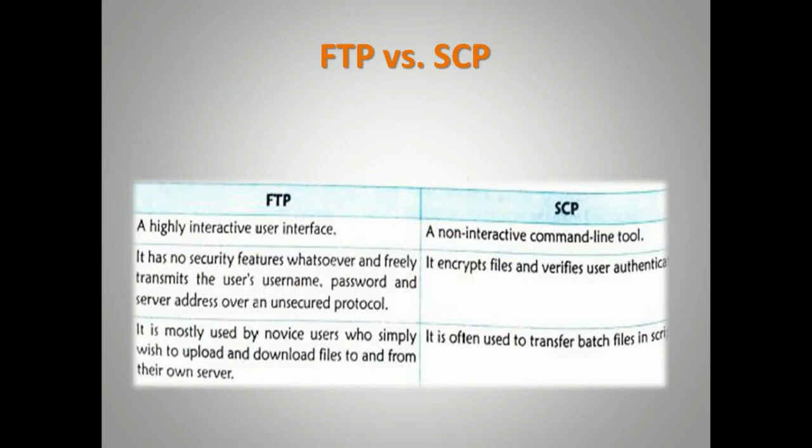Only the user who has the authenticity can log in. FTP is mostly used by novice users who simply wish to upload and download files to and from their own server. If you are downloading any song from the internet, you can easily click the download button and you get that song. So that is FTP.